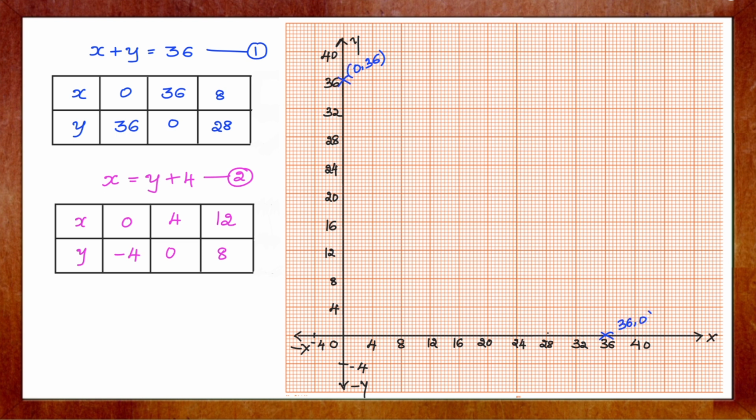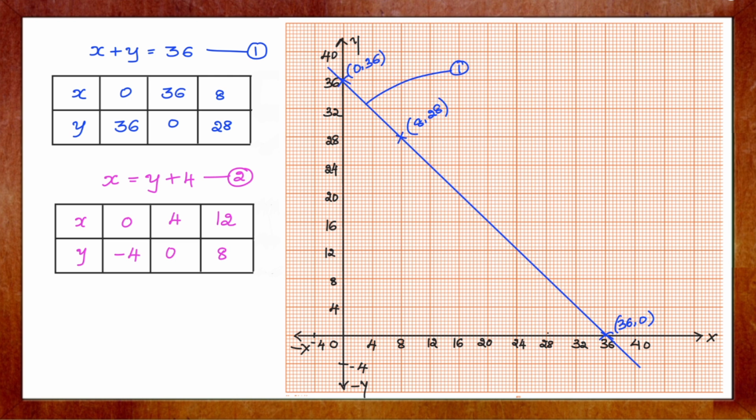Now when x is 8, y is 28, so this is 8, 28. Now let us join these points. We have obtained the graph for the first equation, the one in blue.